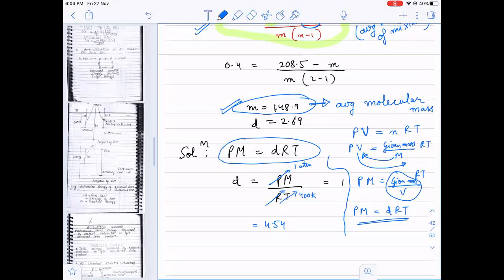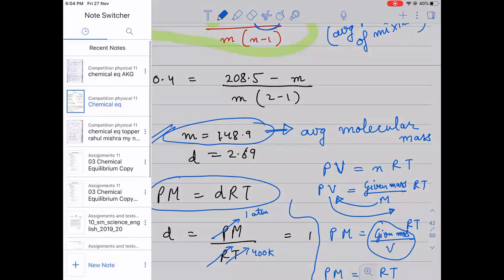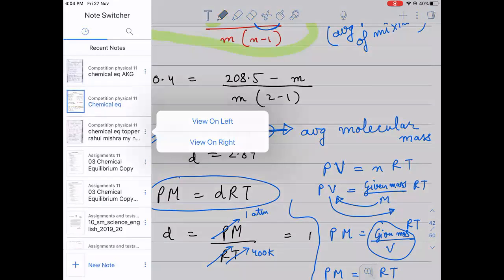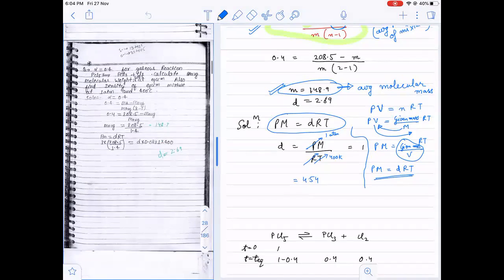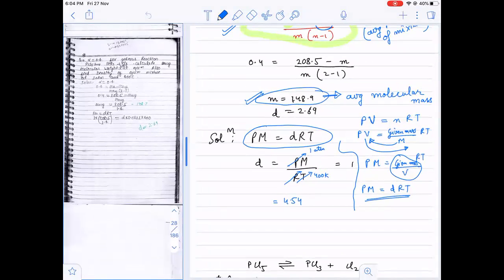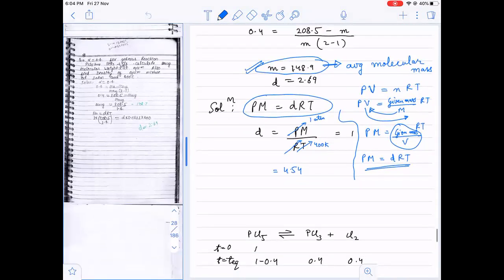Let me just check again. I'm sorry, the answer is 4.54, not 2.69.